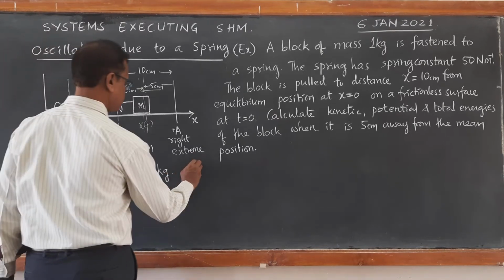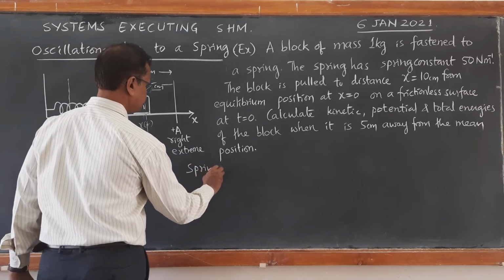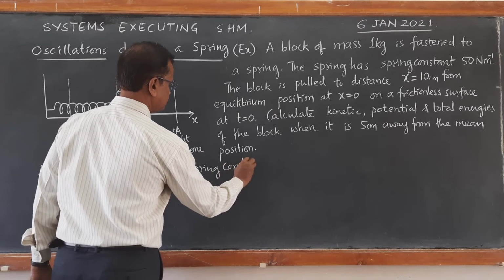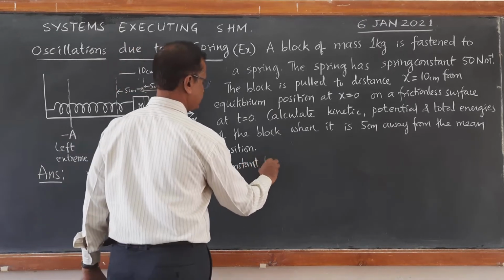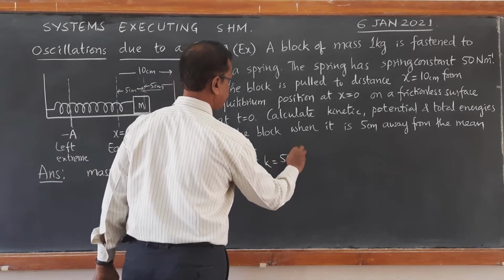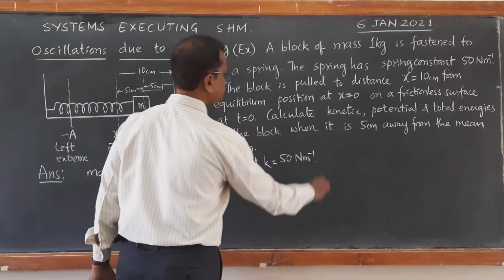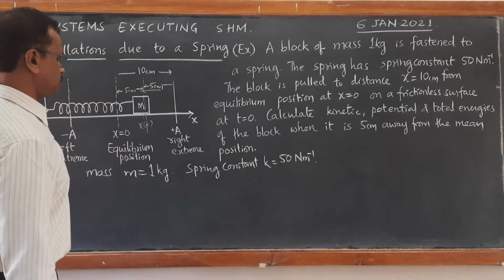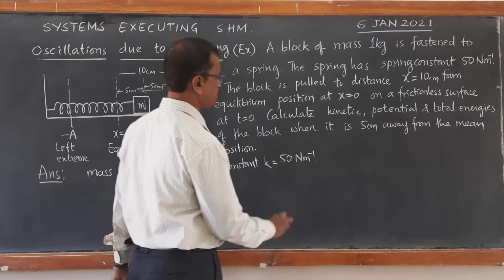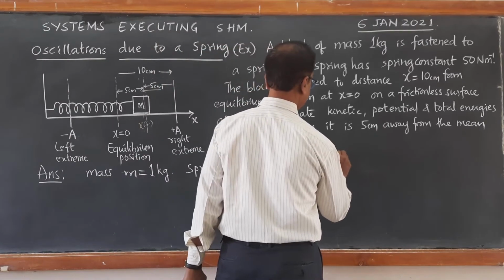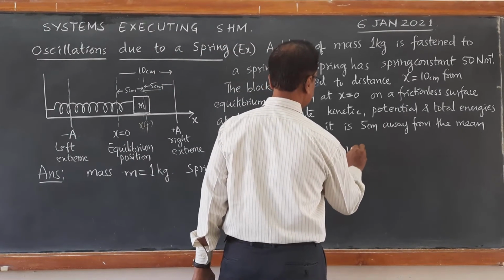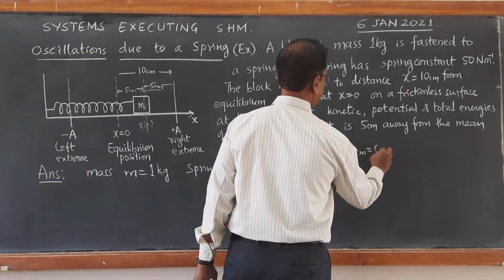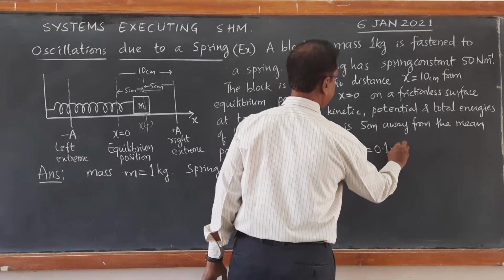Spring constant K is equal to 50 Newton per meter. Then amplitude, that is the maximum displacement, A is equal to 10 centimeter, that is equal to 0.1 meter.